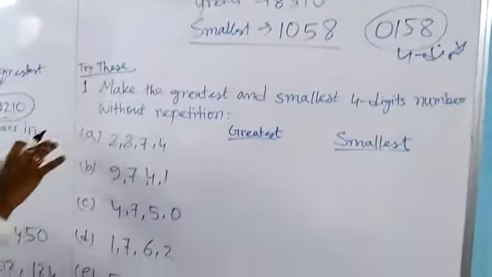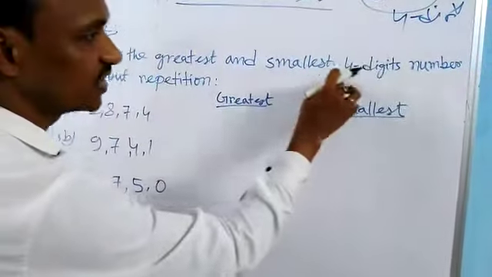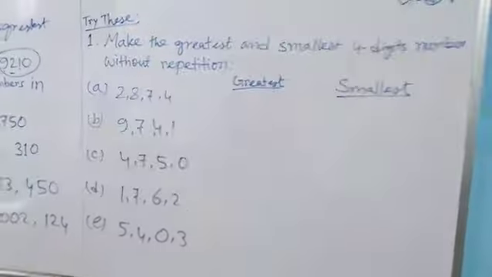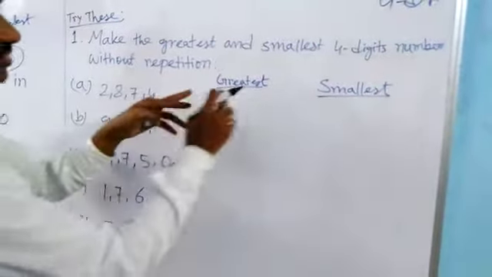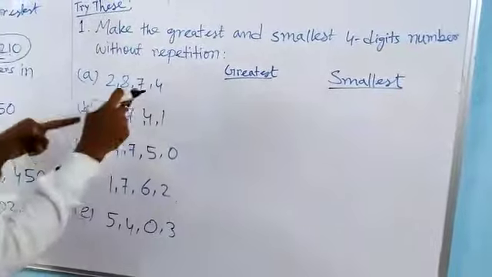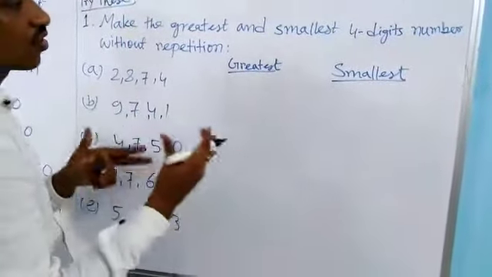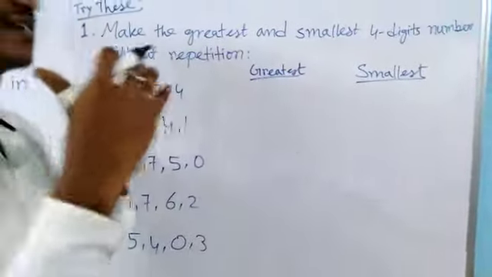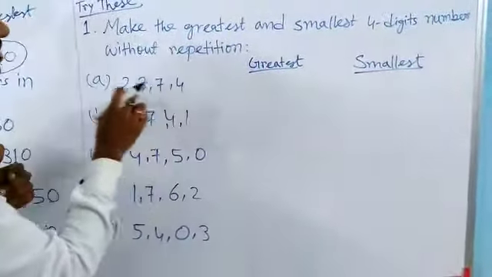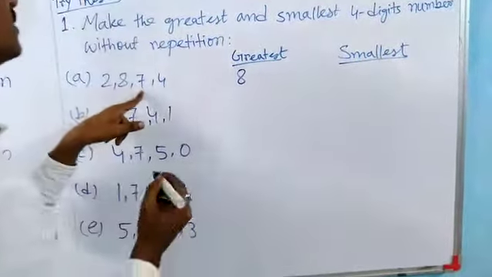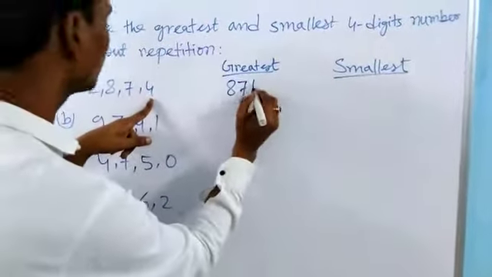Now we try this. Make the greatest and the smallest 4-digit numbers without repetition. How can you form the greatest 4-digit number from these digits? We arrange the digits in descending order, greatest to smallest. The greatest digit is 8, then 7, then 4, then 2.